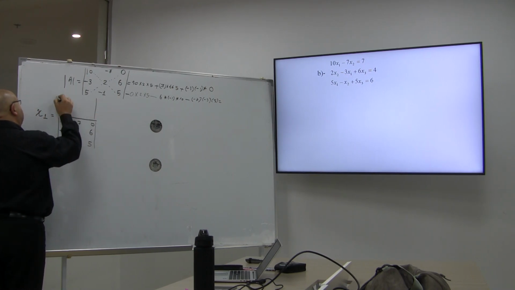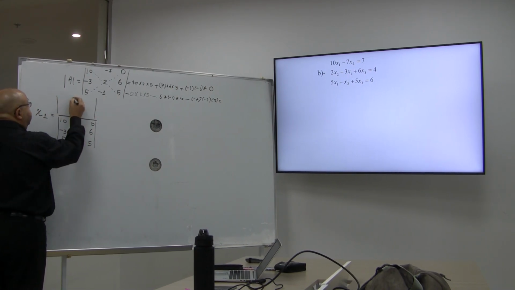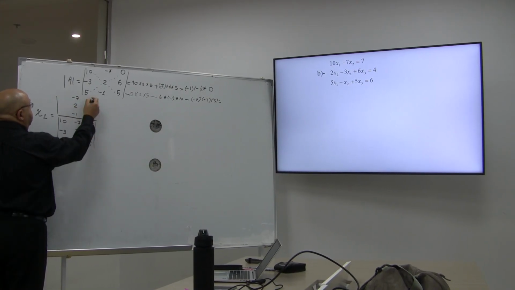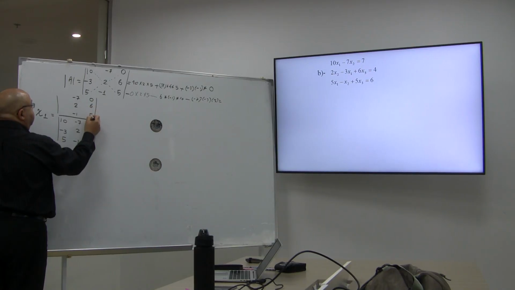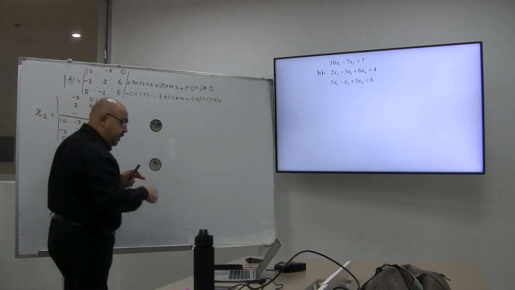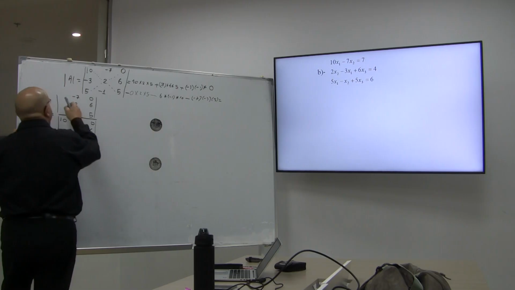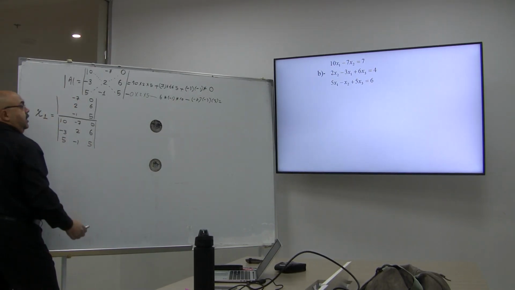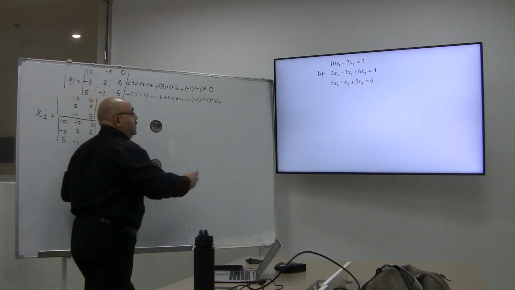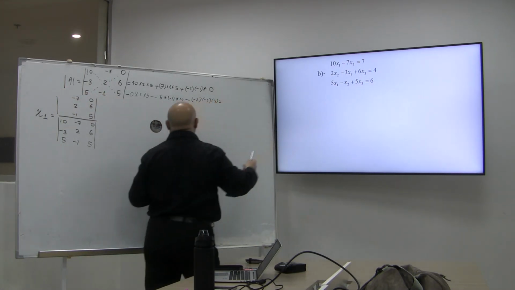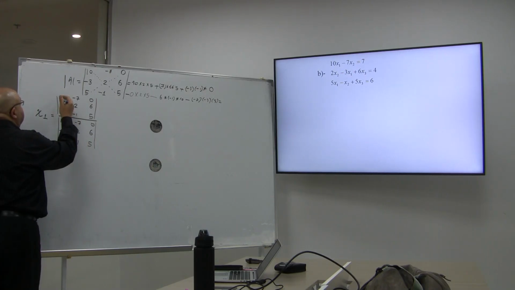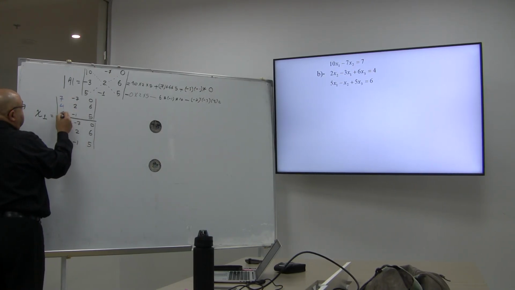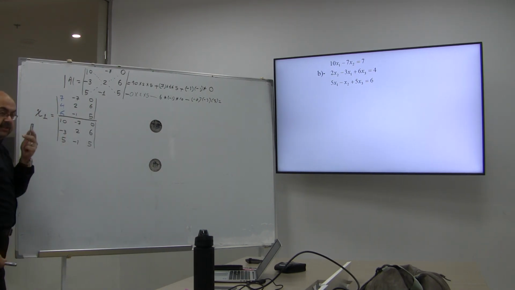The determinant on the denominator will be exactly the same, with only a minor change: I will change the first column, which is the coefficients of x1, by the result column. The results are 7, 4, and 6. So I will insert here 7, 4, and 6. That's the first value.